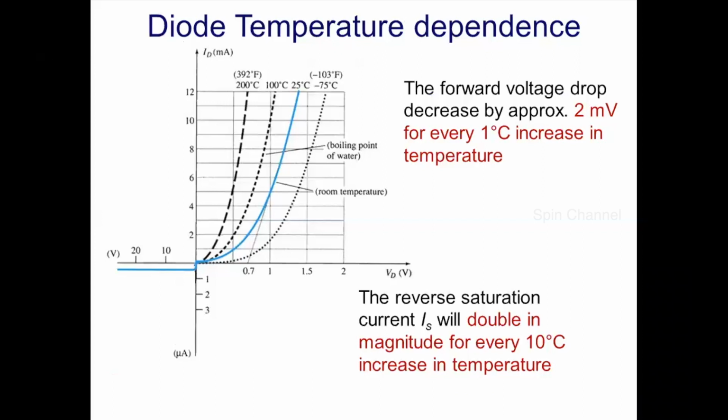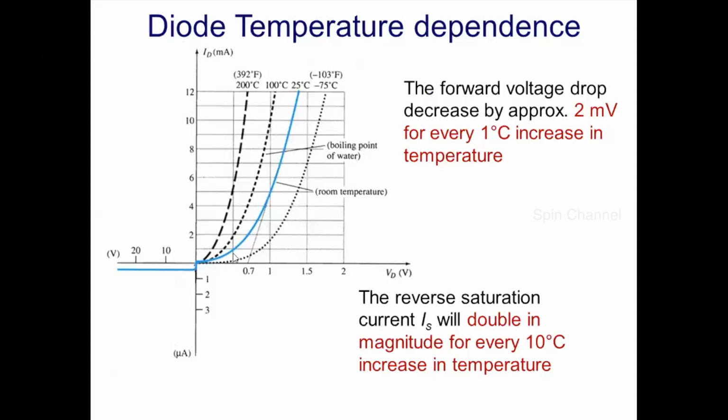You can observe the characteristic curve given here. The blue color curve represents the plot at normal temperature, 25 degrees Celsius room temperature. When the temperature is increased from 25 degrees Celsius to 100 degrees Celsius or to 200 degrees Celsius, you can observe that there is an early conduction happening here, or the drop across the diode, that is 0.7 during the conducting region, is decreased to 0.5 or 0.4 somewhere here.